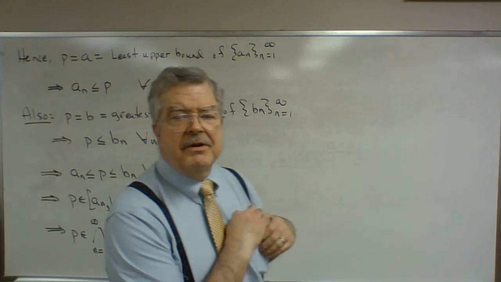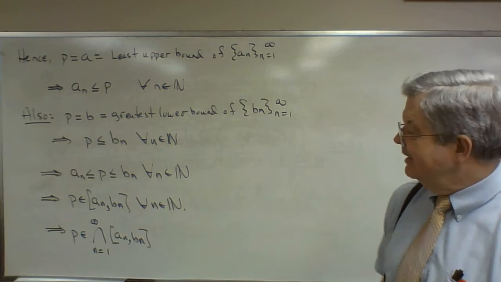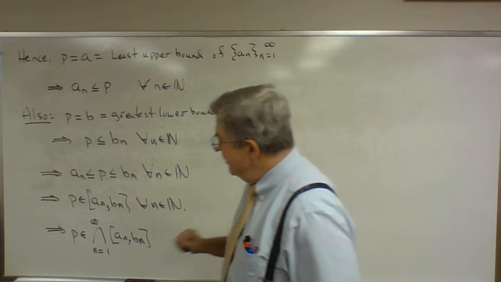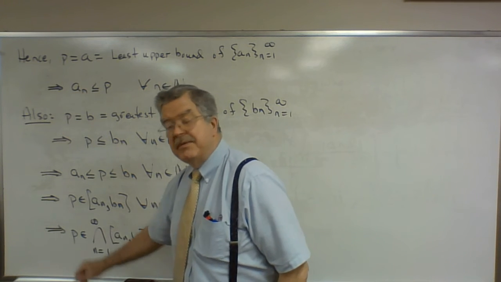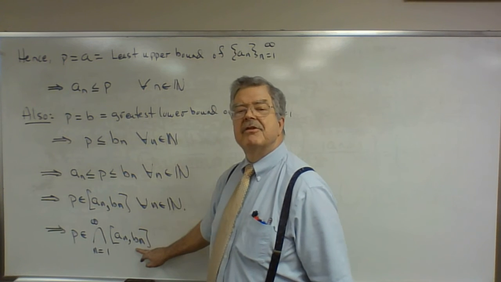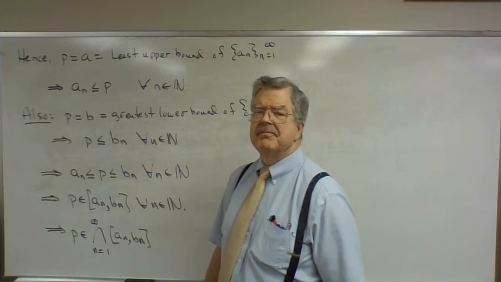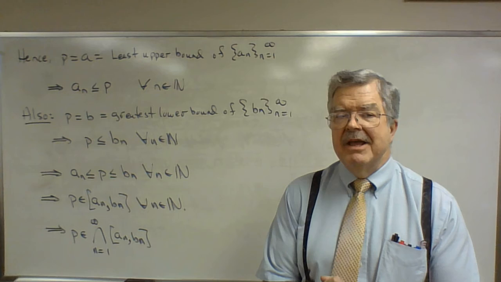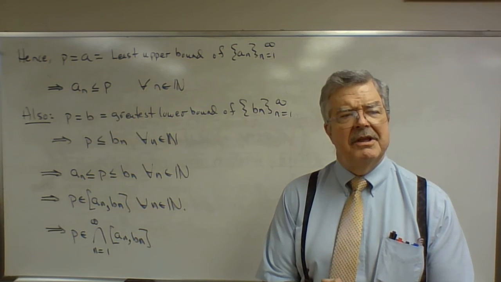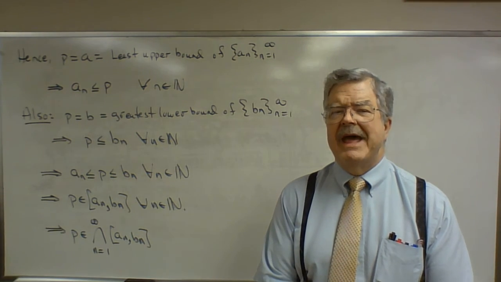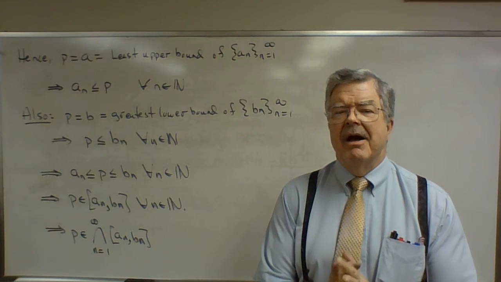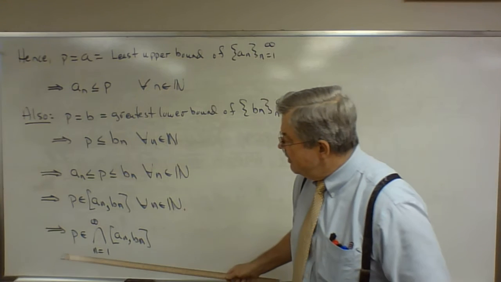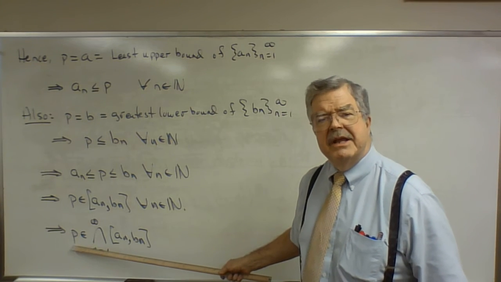So it looks like we're done, but we're not quite. We have proved that there's this point p that's in the intersection of all of these intervals. But our statement of the nested interval theorem actually had a little bit more than that to say. The nested interval theorem also says that this point p is unique.